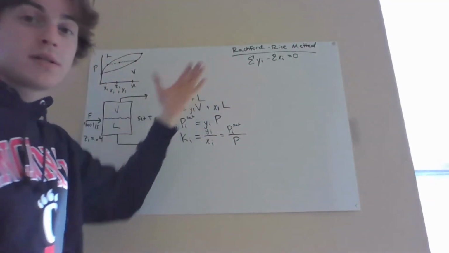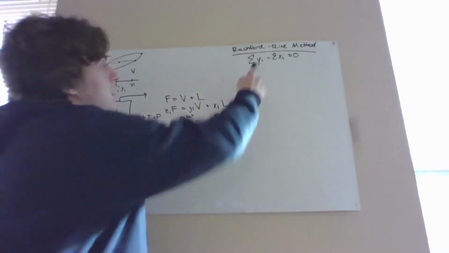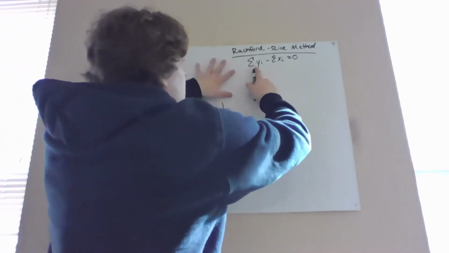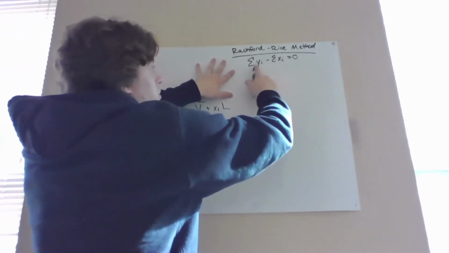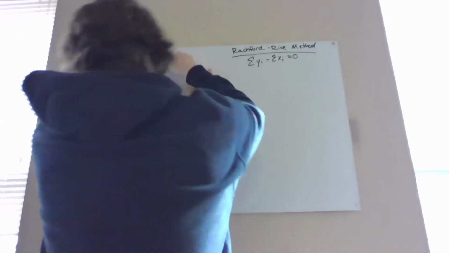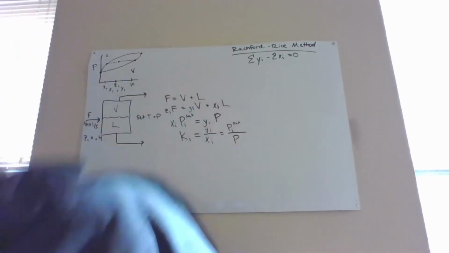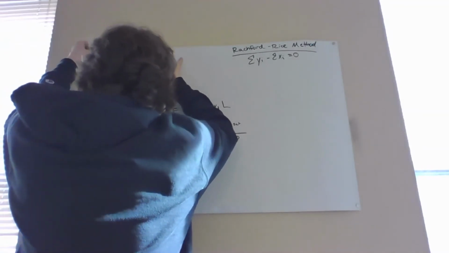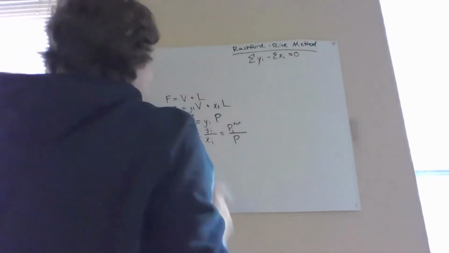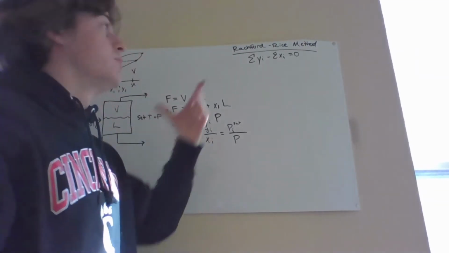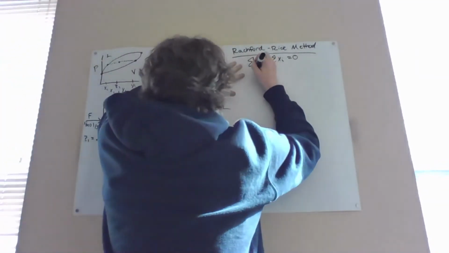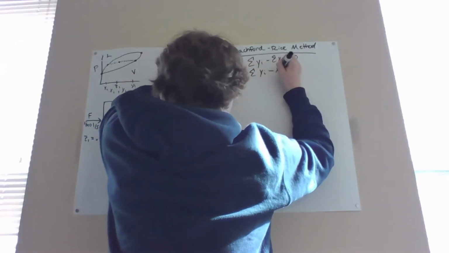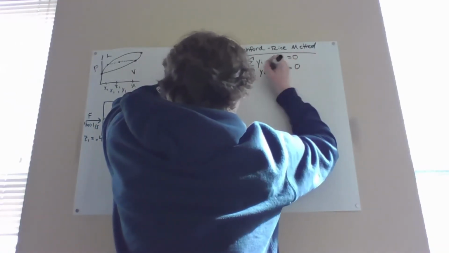This equation makes sense because both sums are 1, so 1 minus 1 equals 0. Now I'm going to rewrite this summation. It has one summation, so it'll just be yi minus xi equals 0.